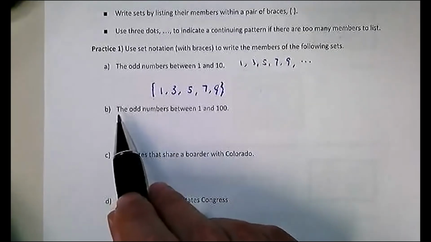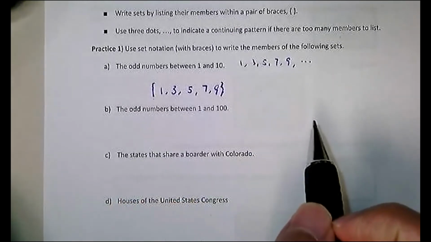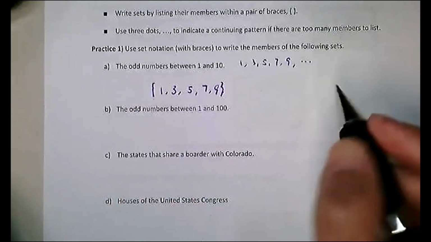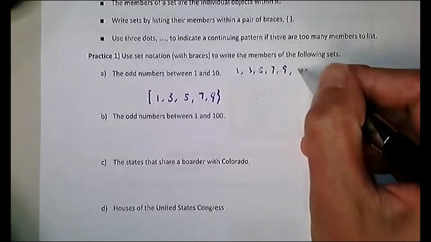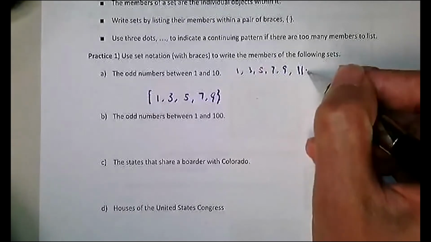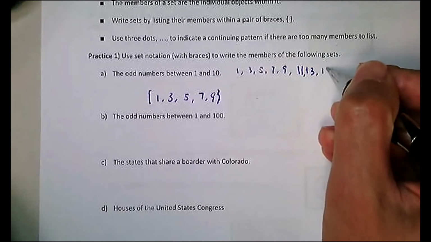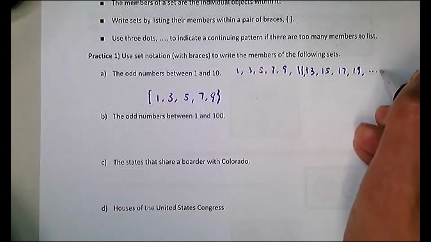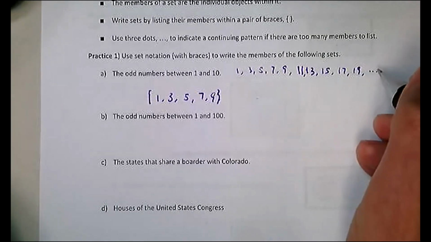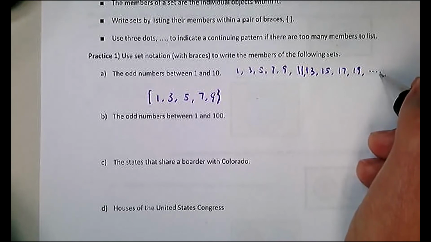Question B, odd numbers between 1 and 100. So here we have a list of odd numbers. The next one should be 11, and the next should be 13, 15, 17, 19, and so on. We have too many odd numbers here.